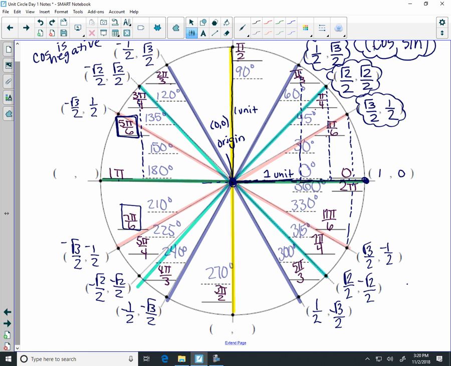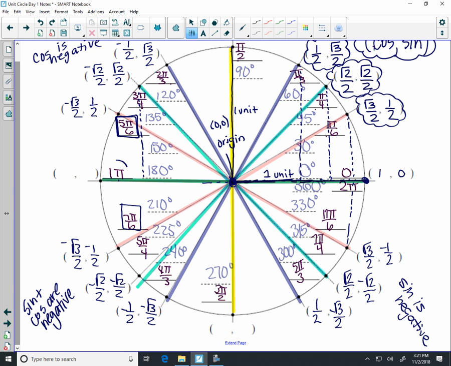So I guess I should write here, sine is negative. And in the third quadrant, sine and cosine are negative. Two more ordered pairs to fill in.